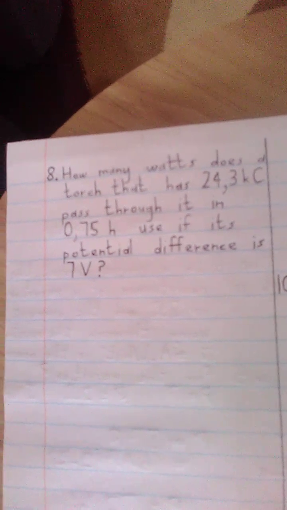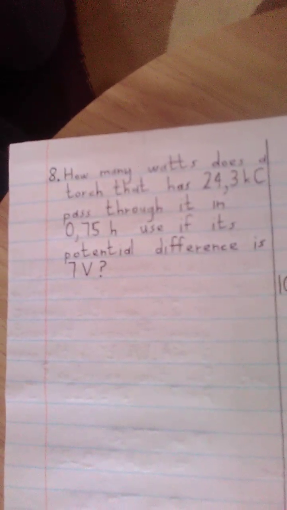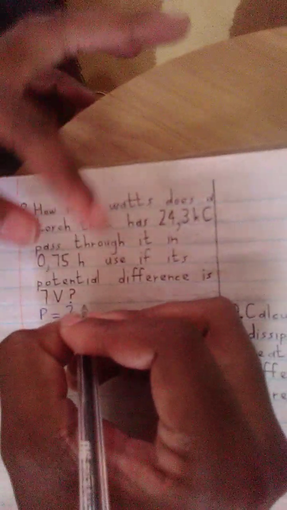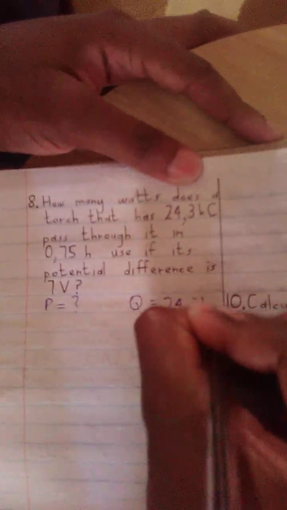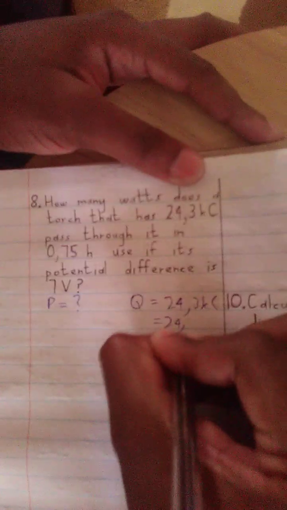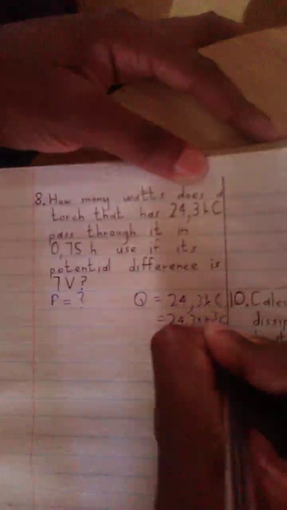Number 8 states, how many watts does a torch that has 24.3 kilocoulombs pass through it in 0.75 hours use if its potential difference is 7 volts? Wow, okay, this is hard. We don't know the power. We only know that charge, which is Q, is 24.3 kilocoulombs, which is 24.3 times 10 to the power 3 coulombs.